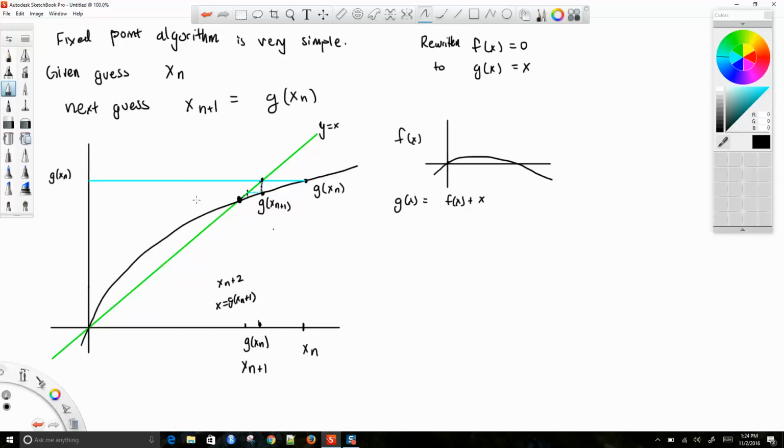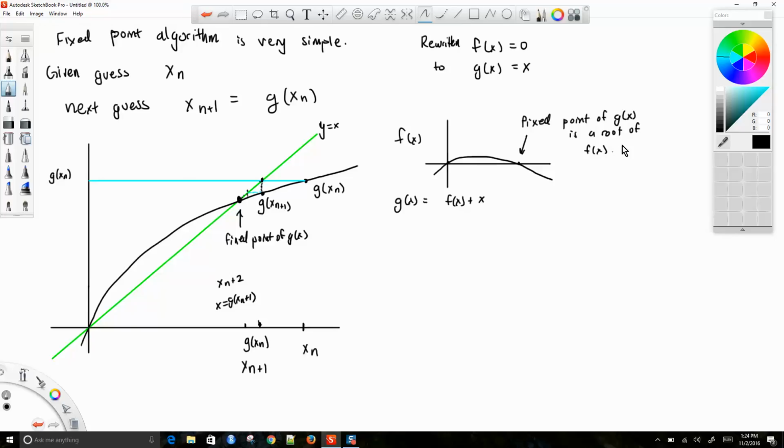This point would be a fixed point of g of x, and that will be a solution, and that will be a root. So the fixed point of g of x is a root of this thing. Does that make sense?